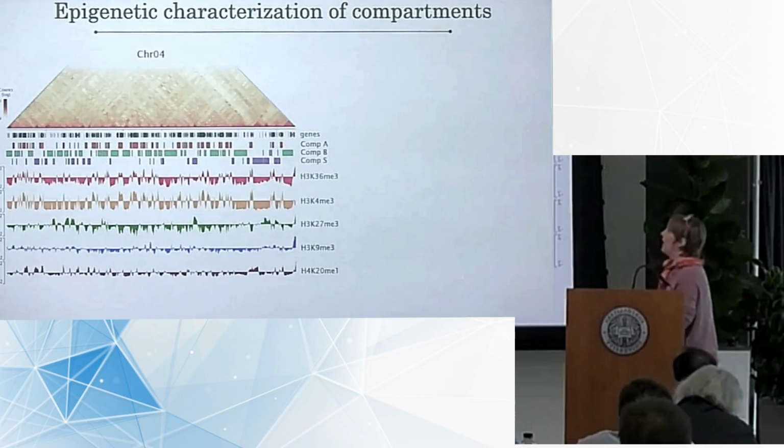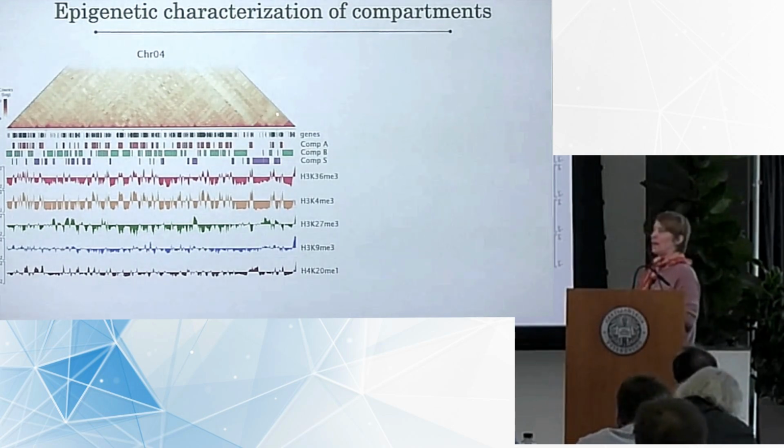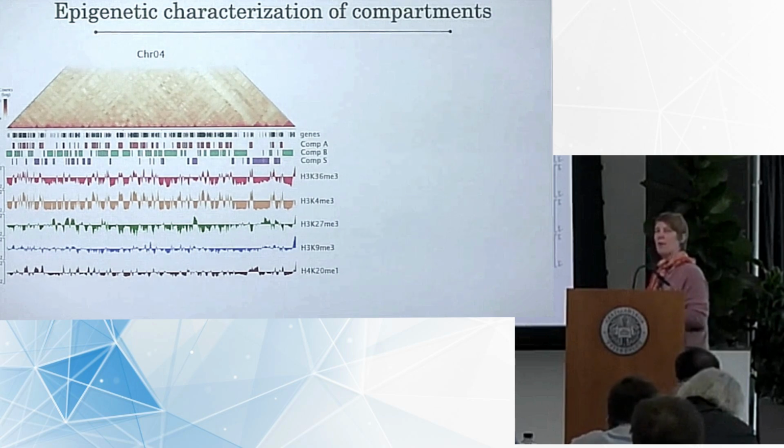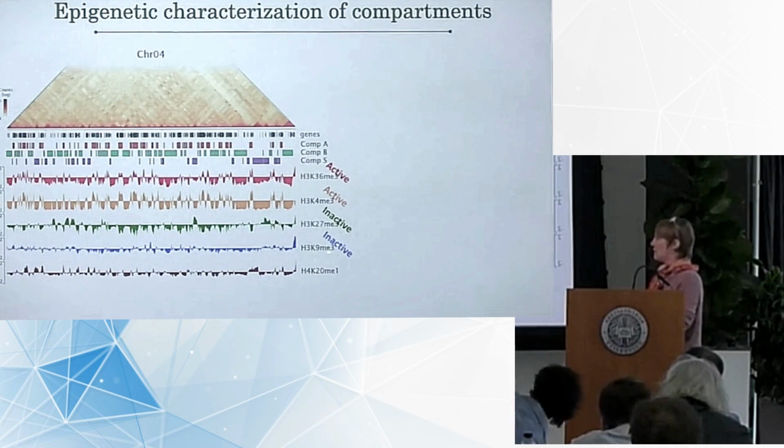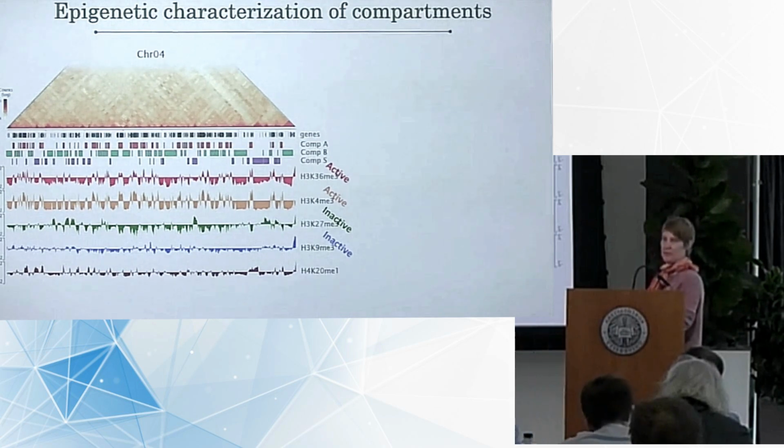Okay, so now let's take a look at how I characterized these compartments. For this, I used ChIP tracks of common epigenetic marks. I used H3K36me3 and H3K4me3 as marks for active chromatin, and H3K27me3 and H3K9me3 as marks for inactive chromatin.